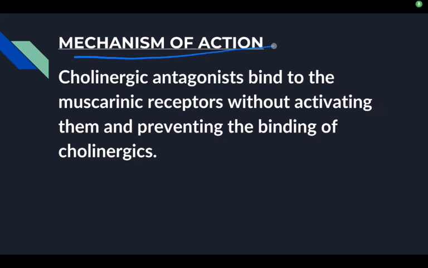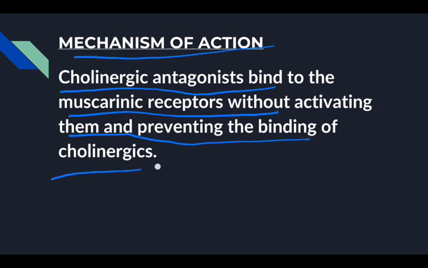How do these cholinergic antagonists work? Cholinergic antagonists bind to the muscarinic receptors without activating them and prevent the binding of cholinergics. As we know, there is a muscarinic receptor, a serpentine receptor present on the cell membrane, where acetylcholine binds and acts.